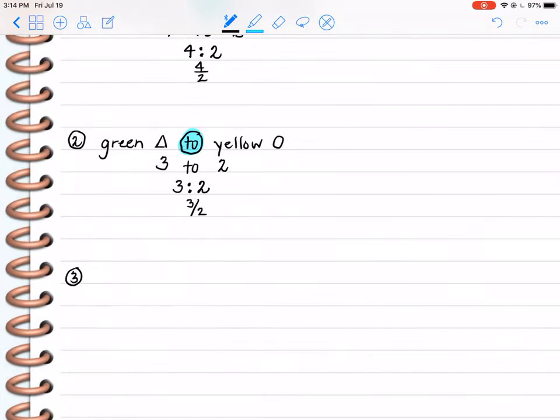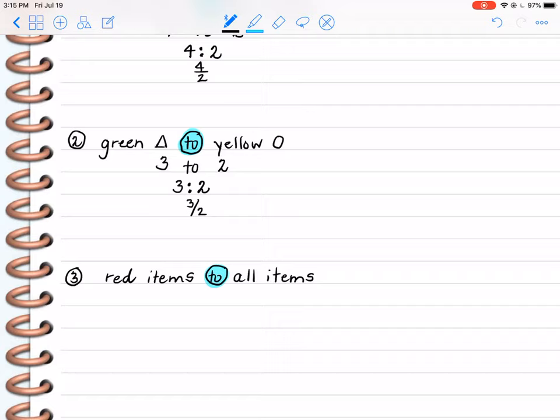Number 3. Red items, and I threw you a curveball on this one, to all items. And there's a very common error that happens on this problem, and I'm hoping you didn't make it. If you did, it's okay.